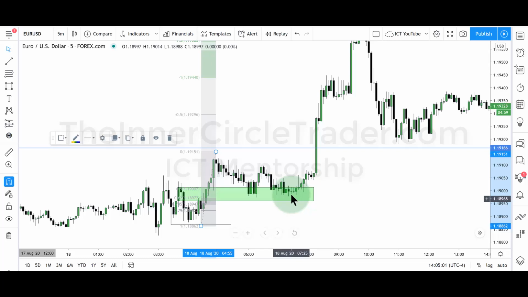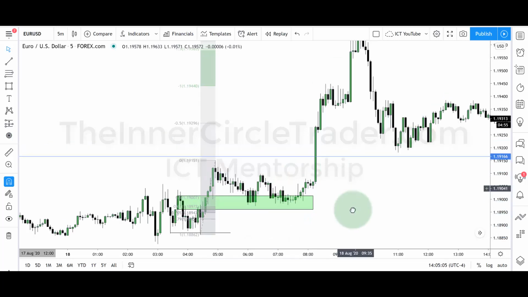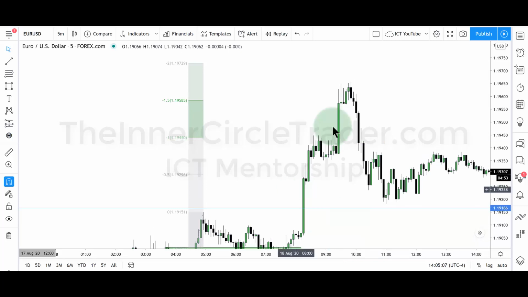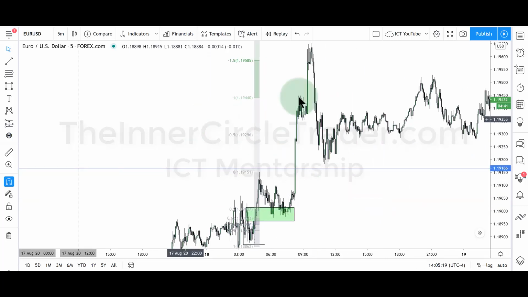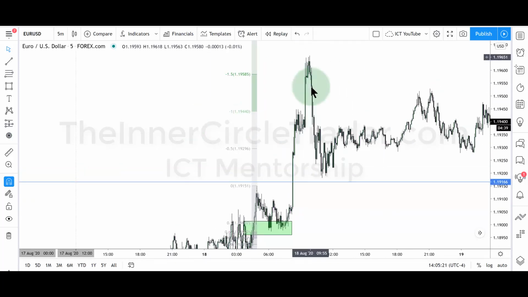And then finally in New York session yesterday, price expands and blows up through, creating the high in here on this candle at 950. At 950, price retraces, comes all the way down into this buy side imbalance, sell side inefficiency.